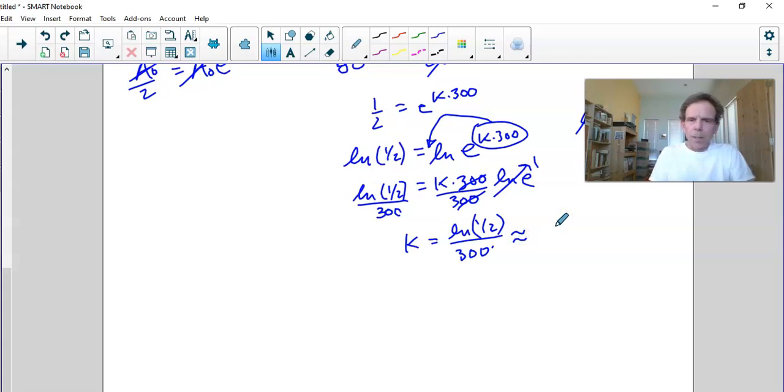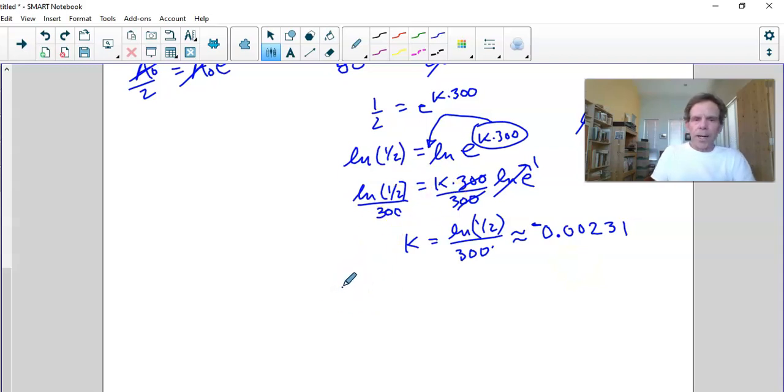So we need the natural log of a half and divide that by 300. I am going to keep 3 significant figures. That means after these zeros end and we start getting non-zero numbers, I'm going to keep 3 of them. 0.00231. All right, so that's our k.